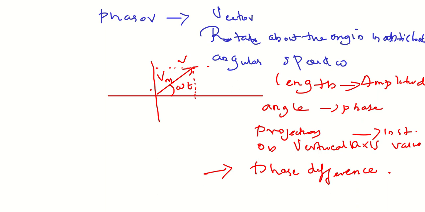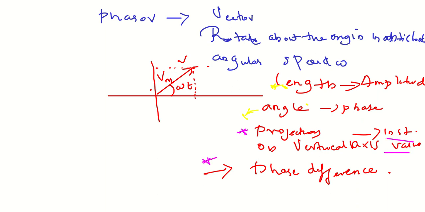The phasor is a vector which is rotating about the origin in the anti-clockwise direction with the speed omega. The phasor length represents the amplitude, the angle represents the phase, and the projection of the phasor on the vertical axis gives the instantaneous value of the phasor quantity.